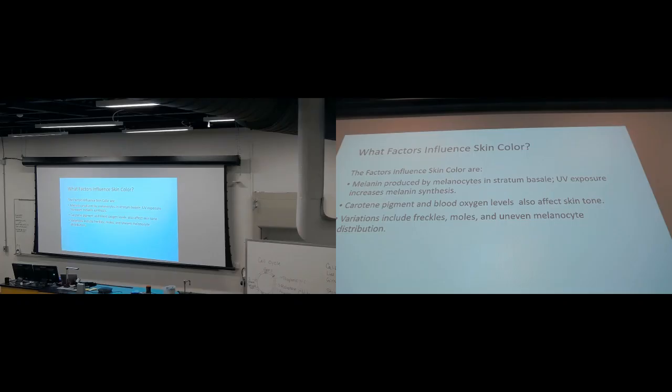The stratum spinosum cells are going to grab this melanin, and that gives the skin color. We have different types of melanin depending on the amount of a particular kind. It's going to be your tone of skin, even within the classification of skin colors that we have.